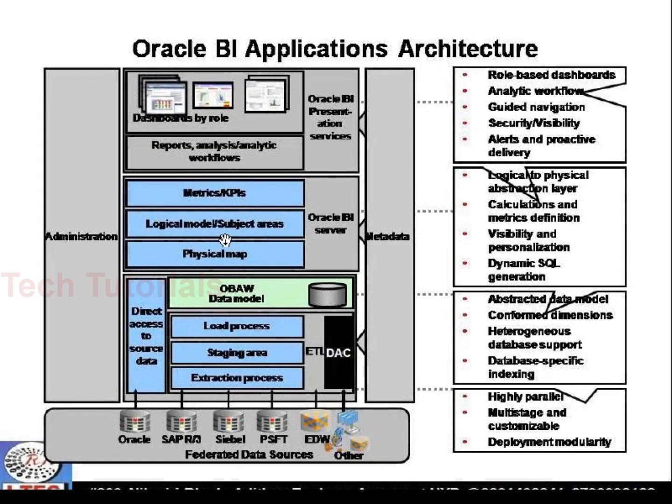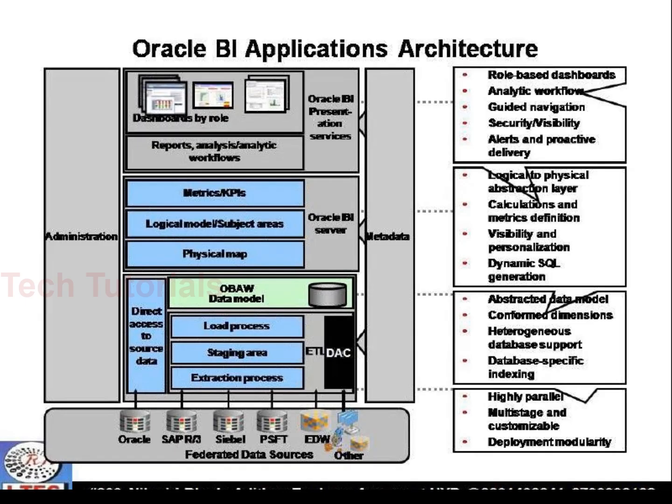These all things we complete. Then we go for reports and dashboards. This is what we are doing from bottom to top, from OLTP to end user dashboard. All this predefined work is given by Oracle as part of OBIEE.